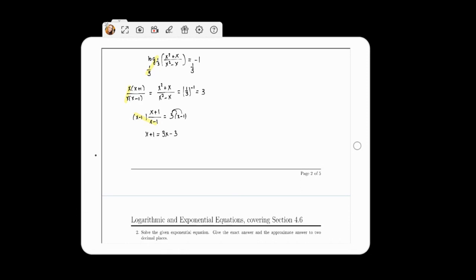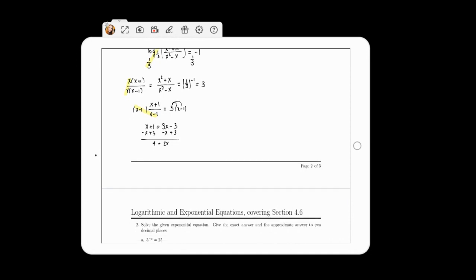Now it's just a linear equation. So I'm going to put all the x's on one side and put all the numbers on the other side by doing these operations. When I do that, then I get 2x equals 4. And so I can just divide both sides by 2, and I get x equals 2 for the answer.